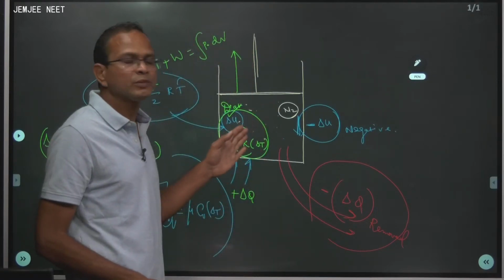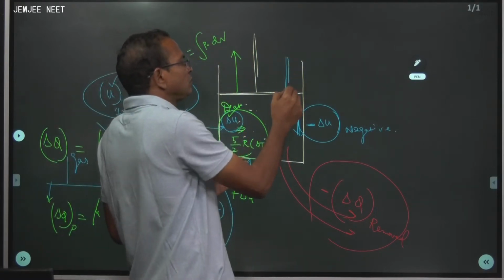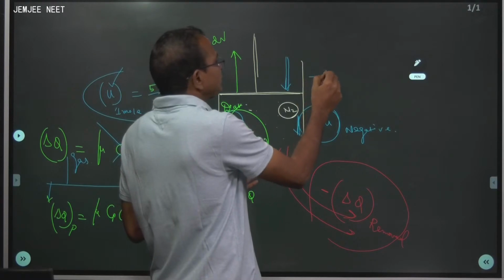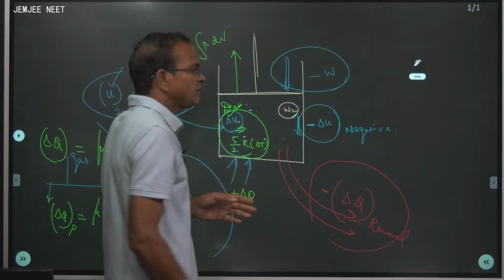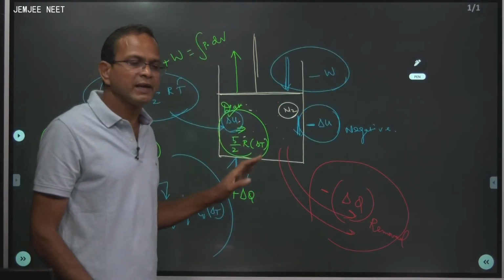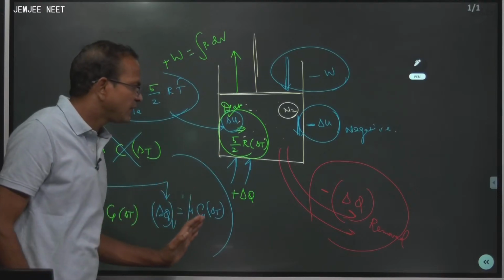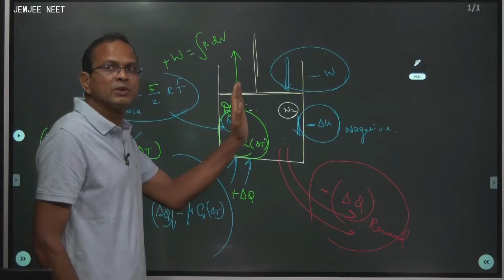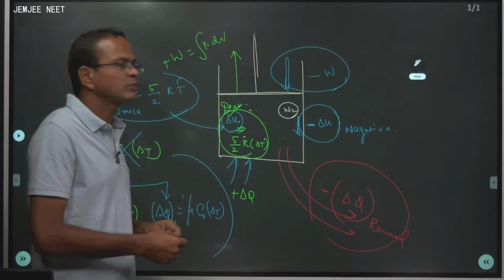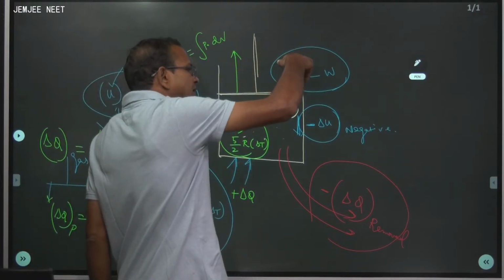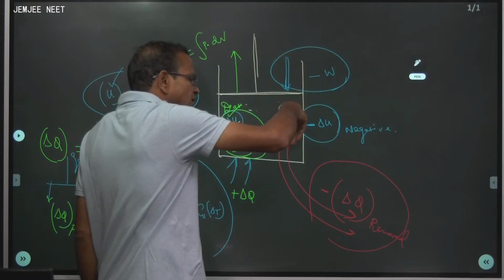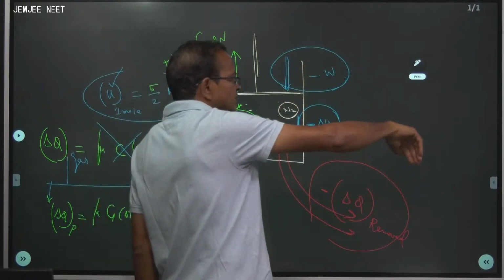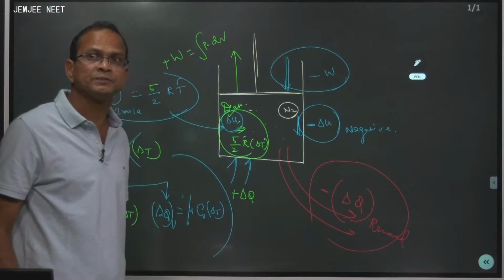Then what will happen to the piston? The piston would have moved down, therefore that is negative work done. So again I start from here: supplying heat to the system positive, increase in internal energy positive, work done by the gas positive. Work done on the gas is negative, decrease in internal energy is negative, removing heat from the system is negative. Got the point?